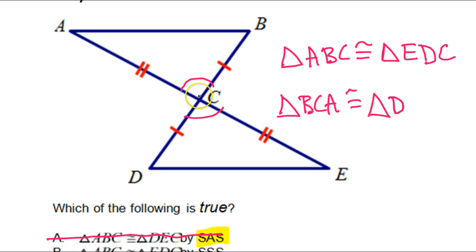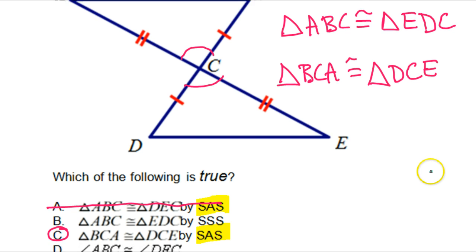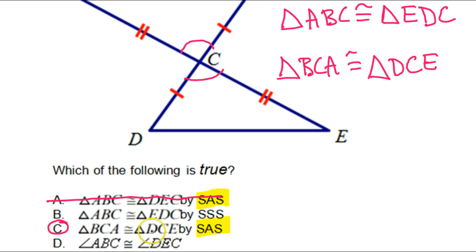And then C is going to be the same in both. So C will be next. And A corresponds with E. So A is last, so E should be last. So DCE. Let's look. And we do have D, C, E in the correct order. So that's why the answer is C.